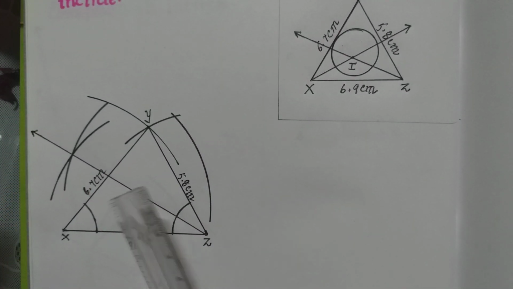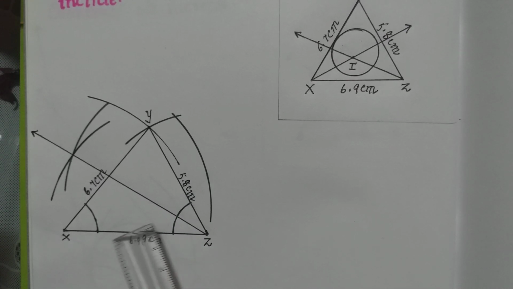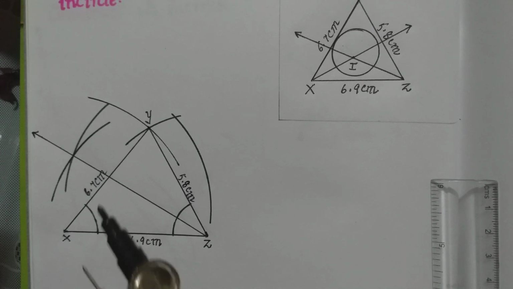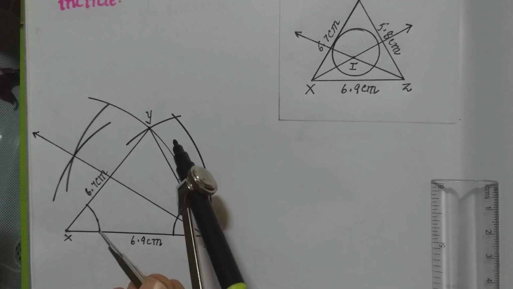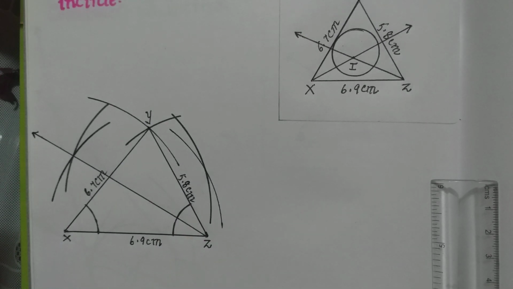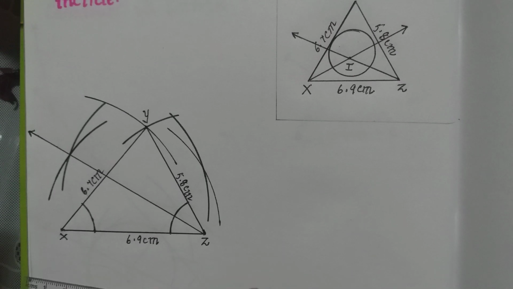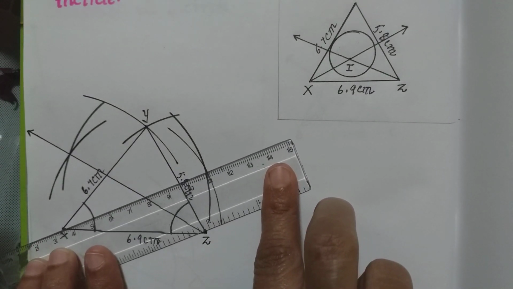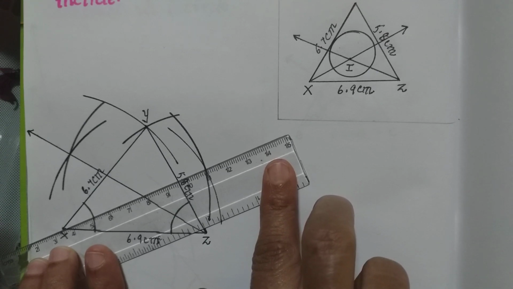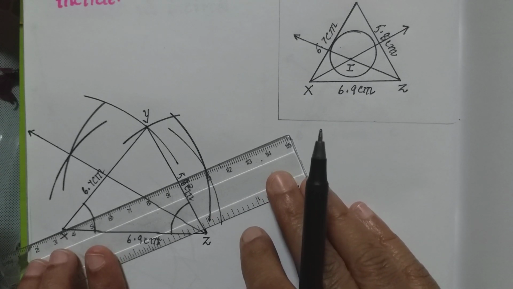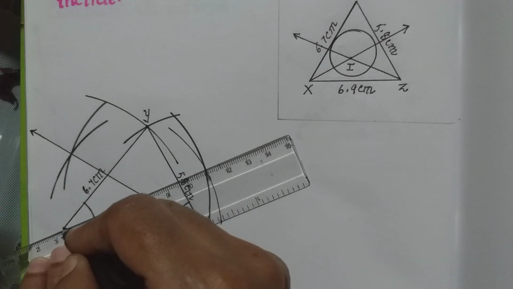Now again we see where this part of the circle is touching the other arm of angle X, that is this point, and then I cut this arc. So now I can draw the second angle bisector passing through the vertex X and the point of intersection of these two arcs. So we draw this.